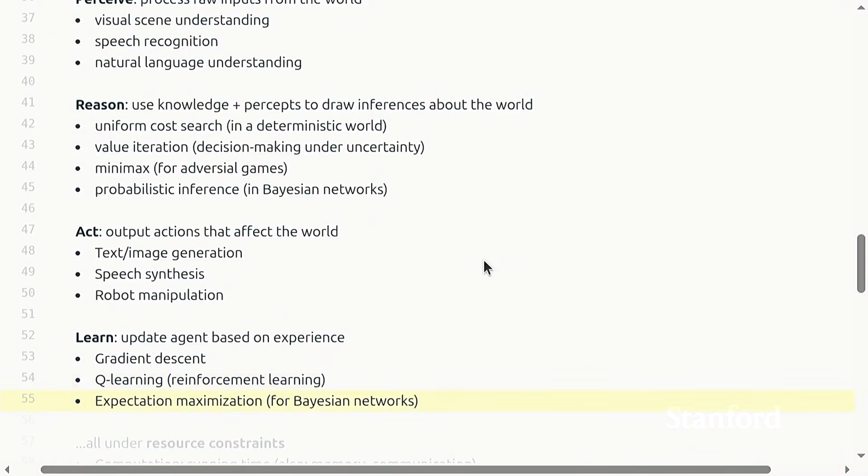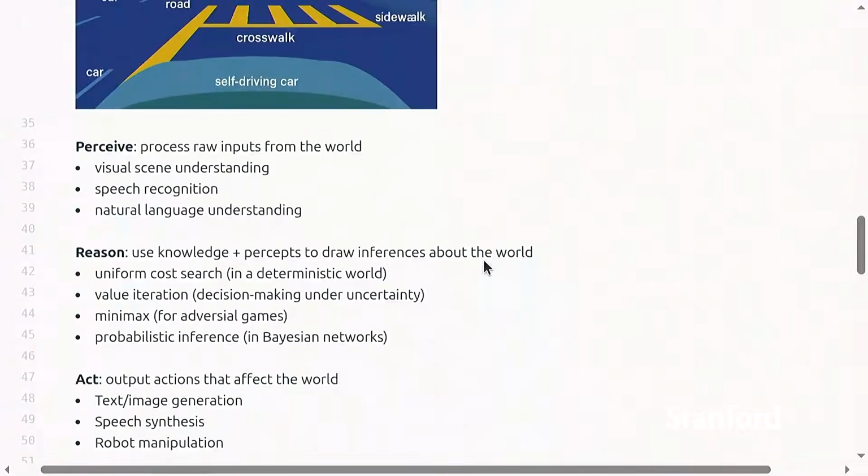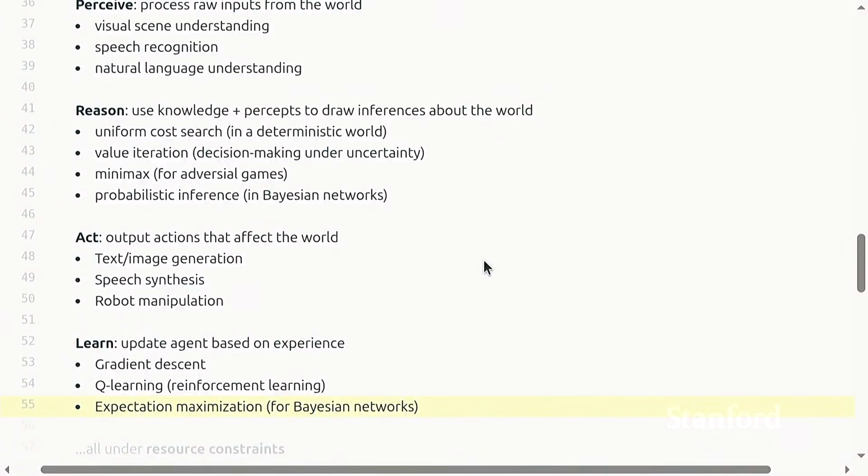And when we look at Bayesian networks, we're going to explore algorithms like expectation maximization. So learning is a general principle of updating agent beliefs or state based on experience, and it manifests as different algorithms depending on which situation you are in. Okay, so perceive, reason, act, learn.